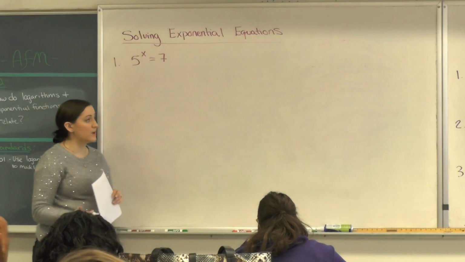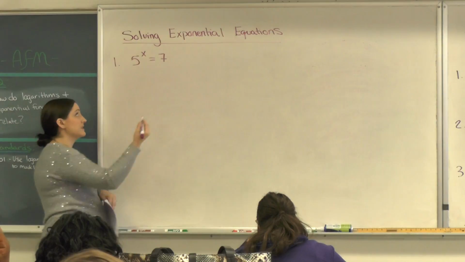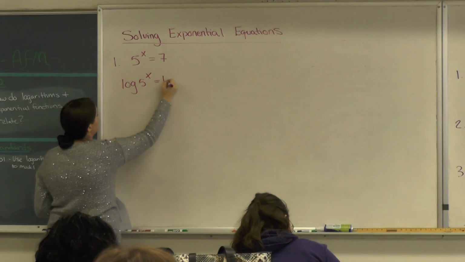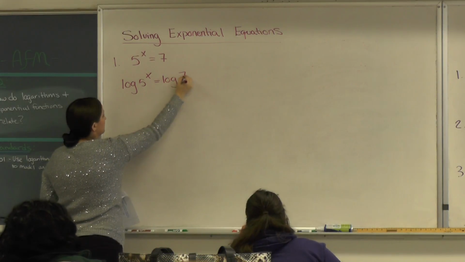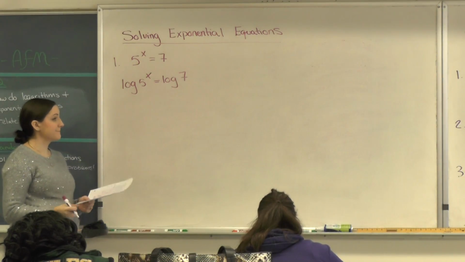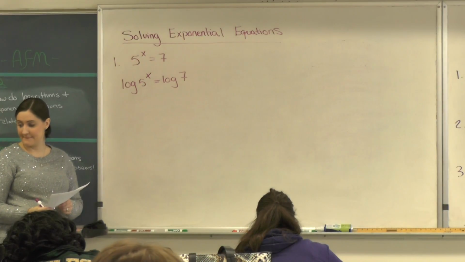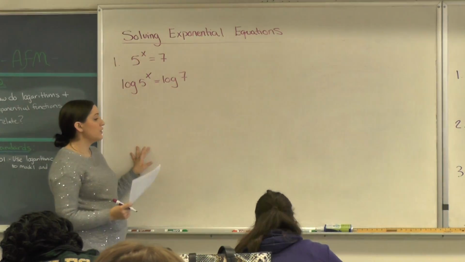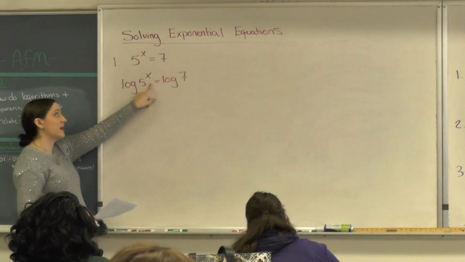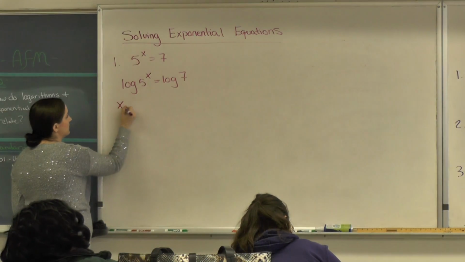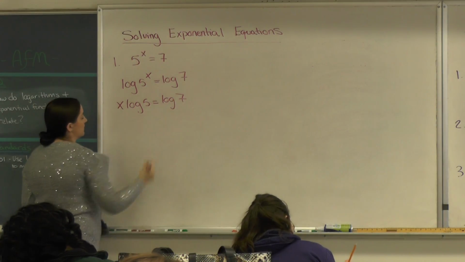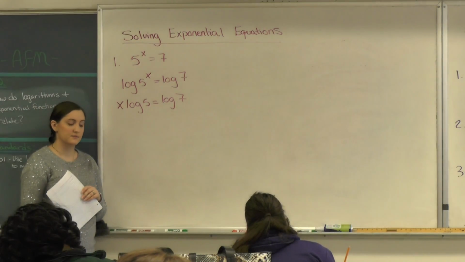Step 2, take the log or natural log of both sides. So we're going to take the log of both sides. Using our power property from logarithms, where does this x go? It goes to the front. How do I now solve for x?